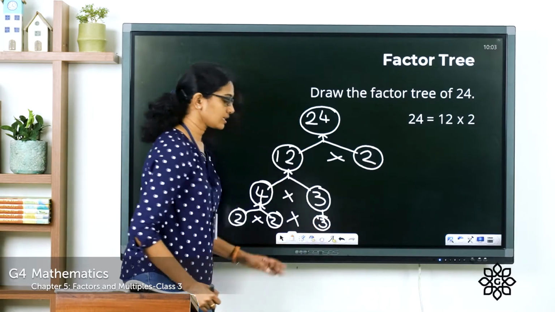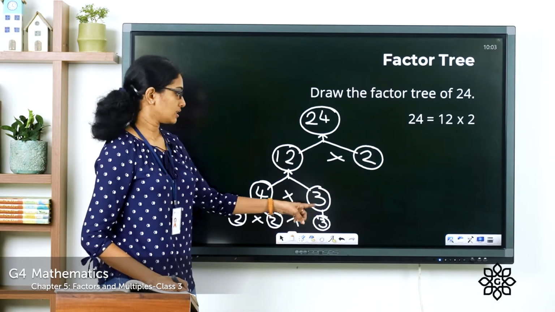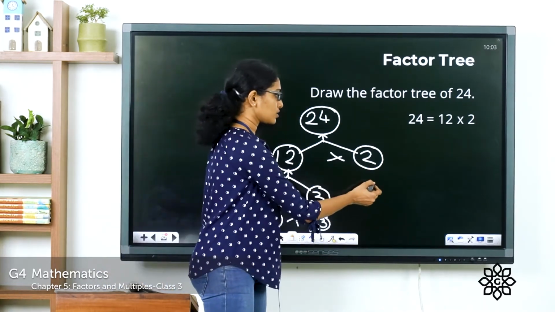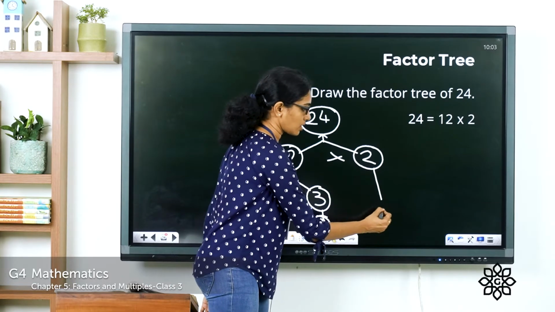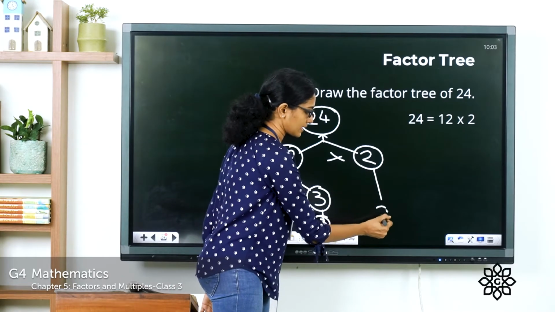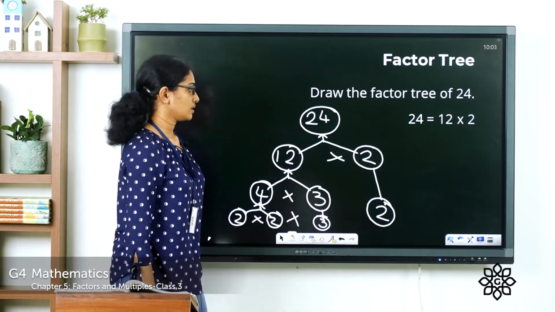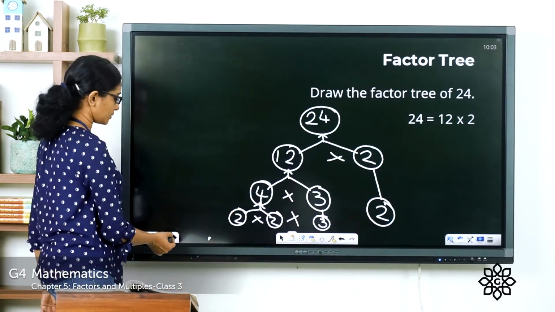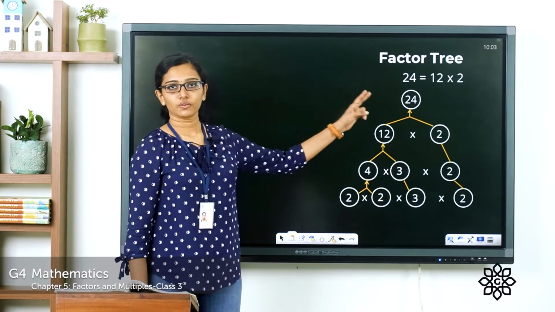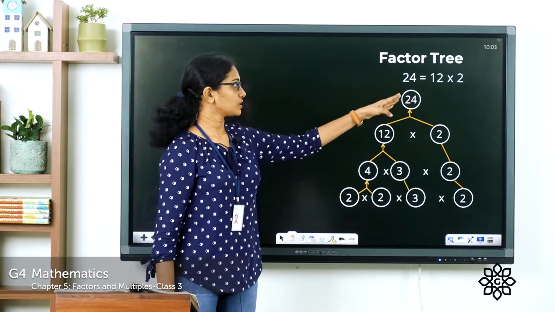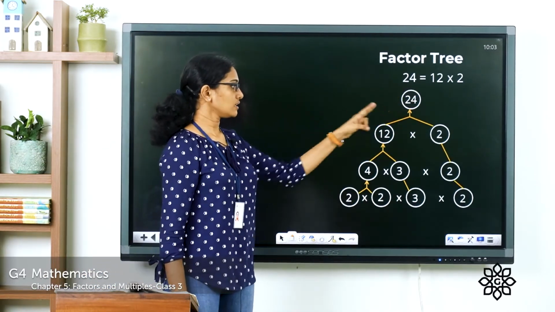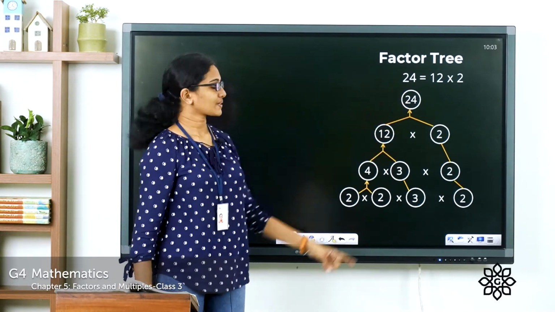Just bring down 3 and represent that inside a circle. Now what about this 2? This 2 also cannot be broken down into more factors. So just write 2 inside a circle here. So here we have the representation of 24 is equal to 12 into 2. So this is the factor tree in this case.